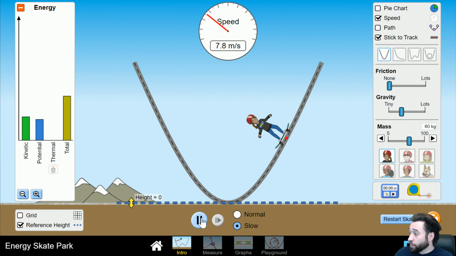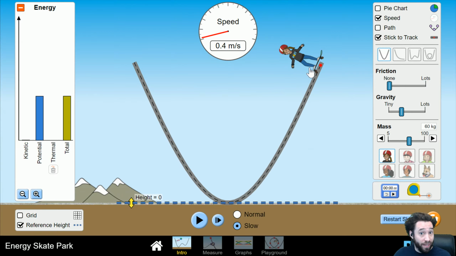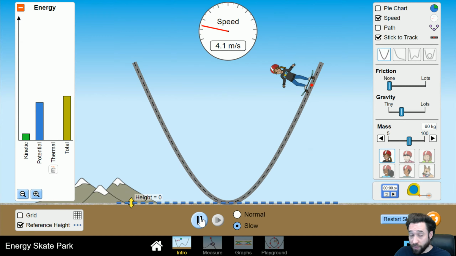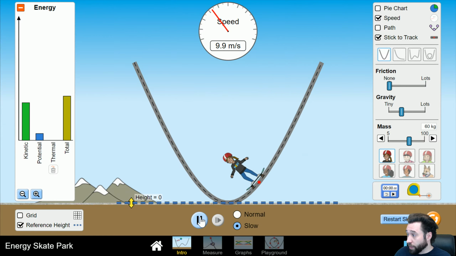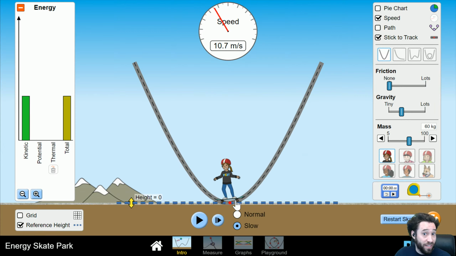So my starting point is going to be right here. So that would be state 1, or my initial state. And then if I wanted to figure out what my velocity would be down here, this would be my final state, or state 2.